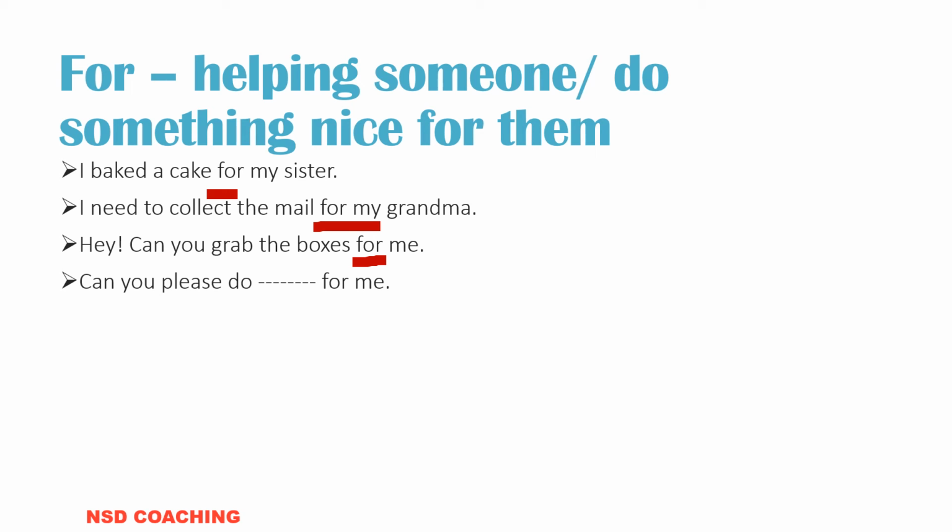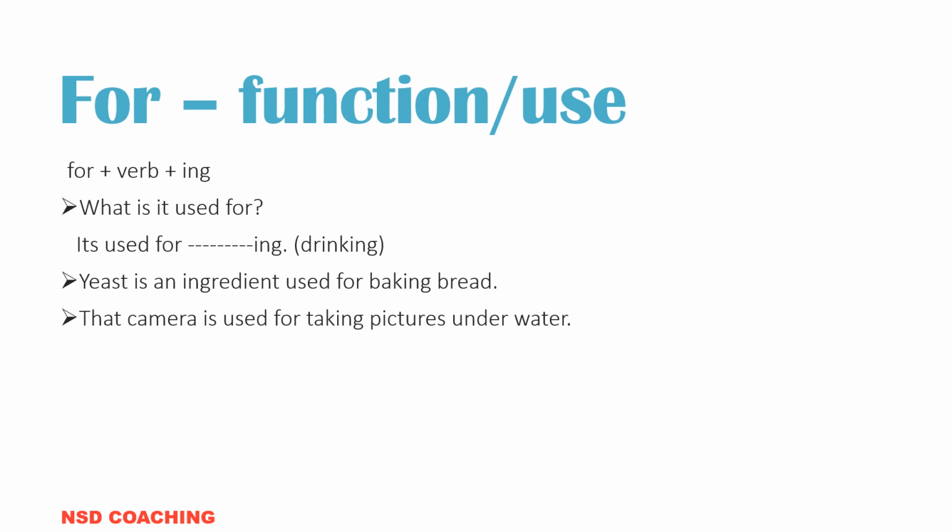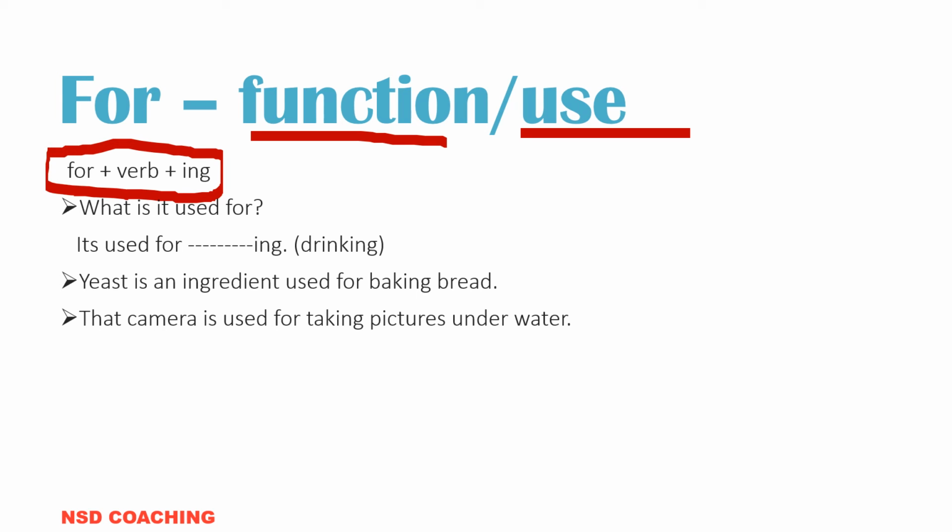And next, you have when for is used for function. For is used for function or use. Here what you do is use for plus verb plus ing. You're using for, then you're writing down the verb and then adding ing to that verb, right? What is it used for?